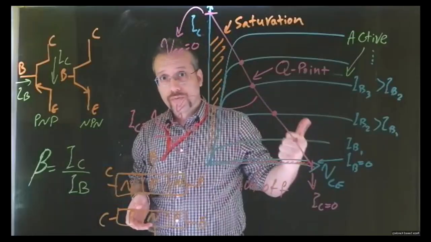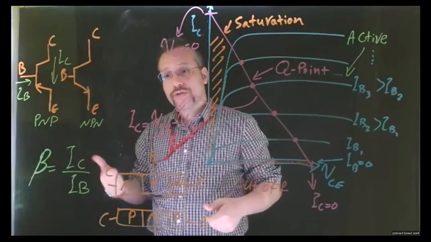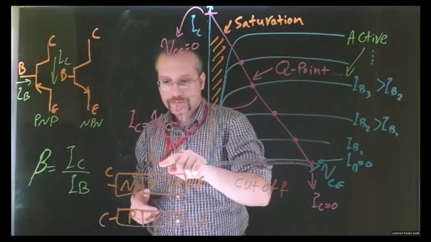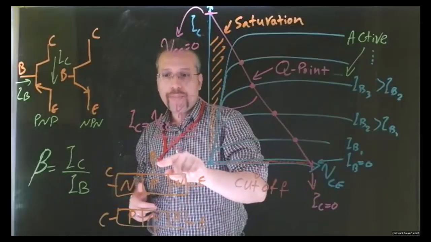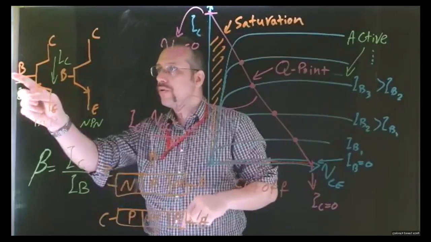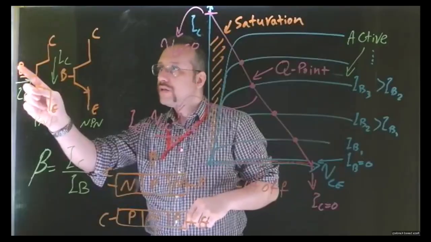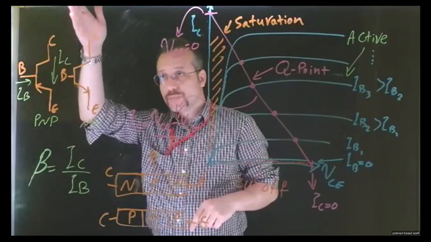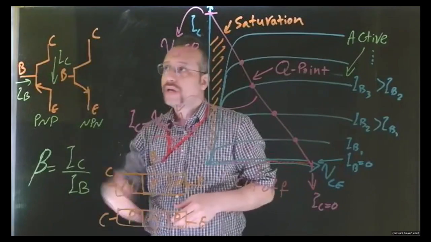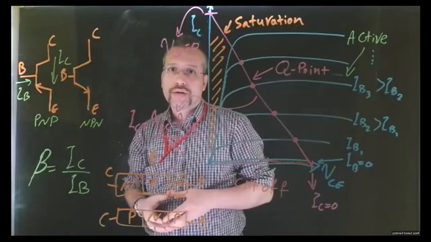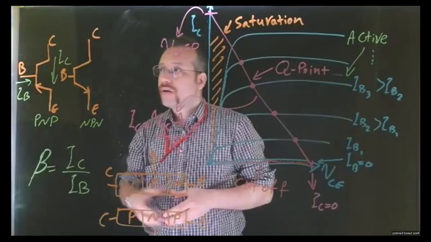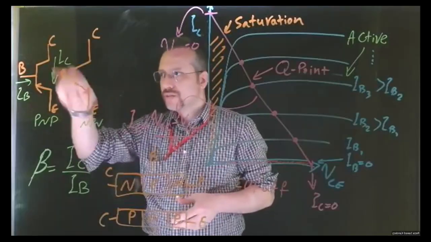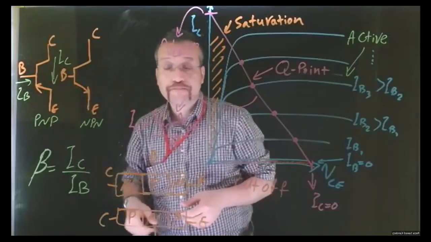If we inject a certain amount of current above a certain threshold into the base terminal, the BJT allows a specific amount of current to pass through the switch from collector to emitter, or vice versa. It doesn't matter between PNP and NPN.